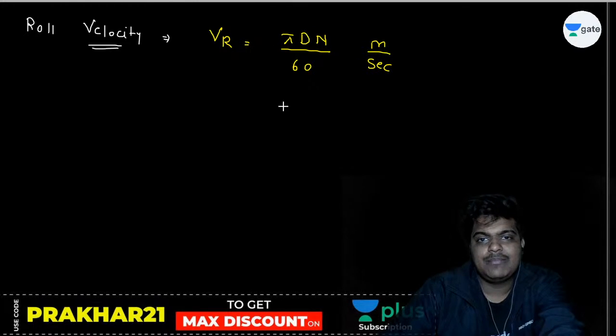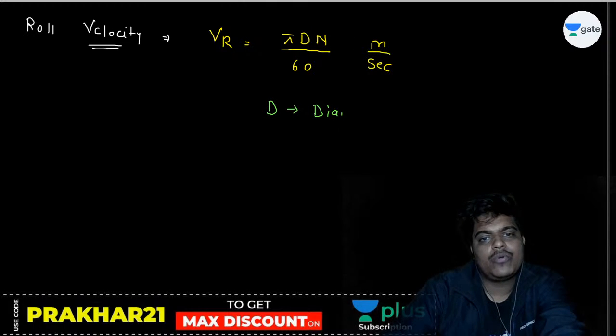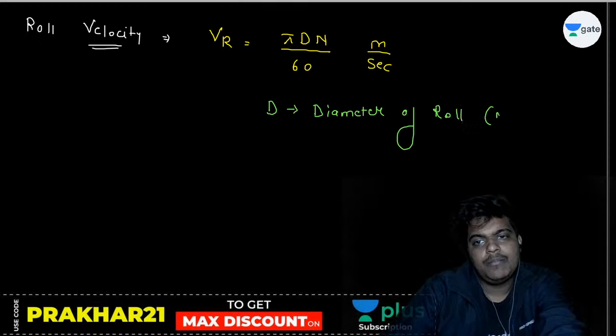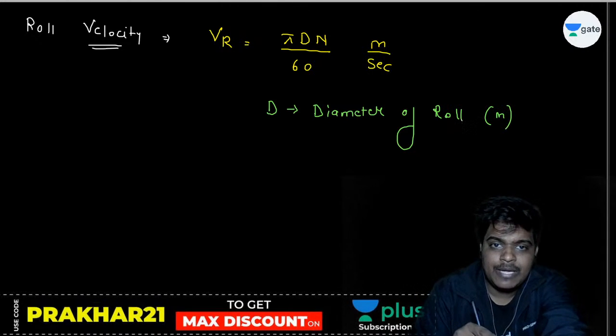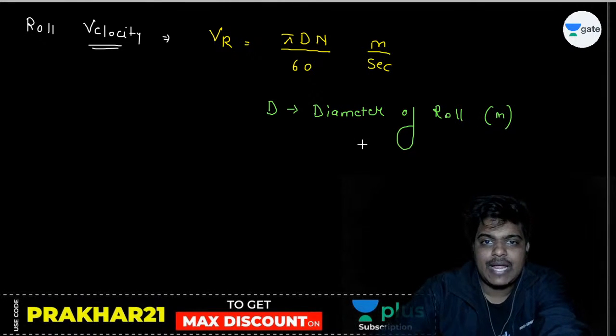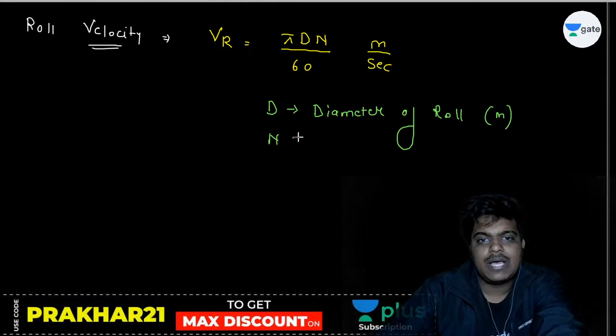Where diameter D is the diameter of the roll in meter. जब आप diameter मीटर में डालोगे तभी आंसर आएगा. And N is the RPM of the motor. ठीक है, RPM of roll.